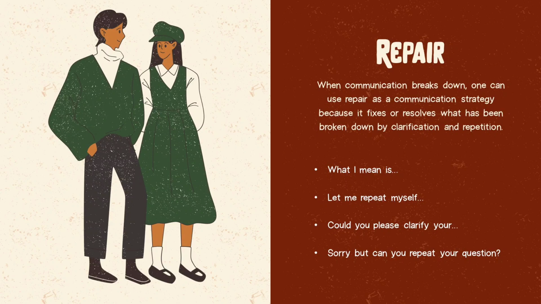Examples are requesting clarification or making a clarifying question, requesting repetition, requesting definition, translation, or even deeper explanation. Examples: What I mean is, let me repeat myself. Could you please clarify? Sorry, but can you repeat your question?